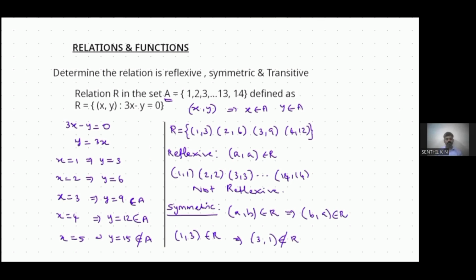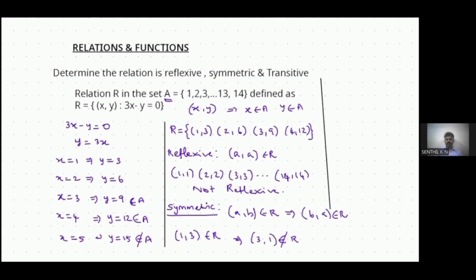Okay, so here the first element itself does not satisfy the condition. Therefore, it is not symmetric. Okay.